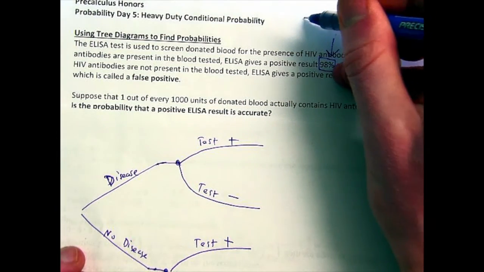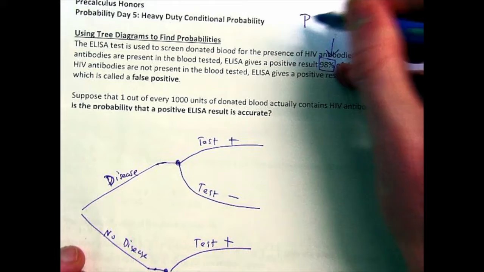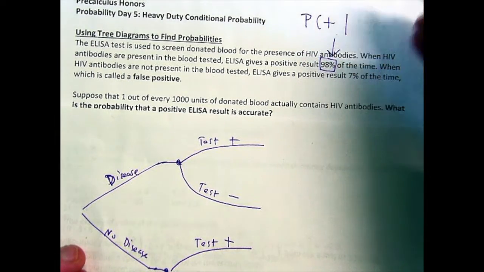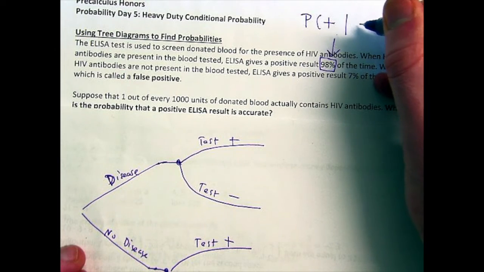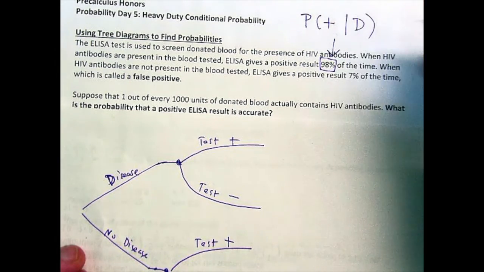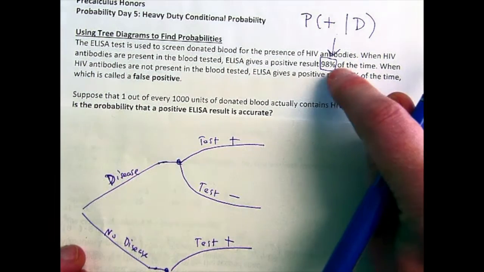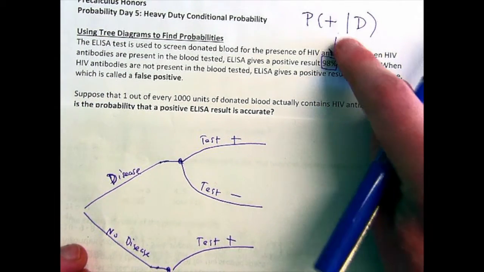I claim that that is the probability that the test will come out positive given the fact that the person has the disease. So let's just make sure we understand why this 0.98, this 98% number, is this.